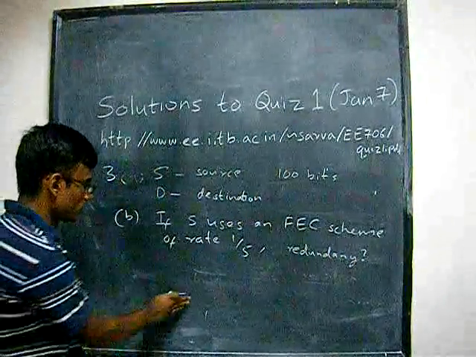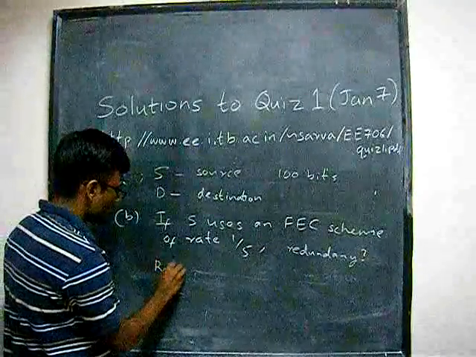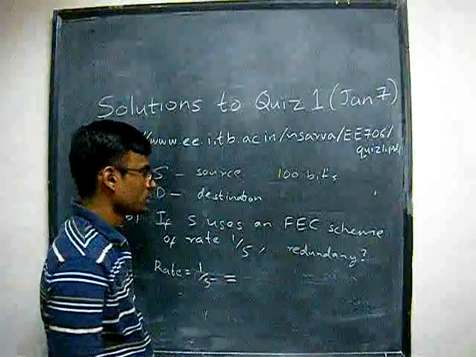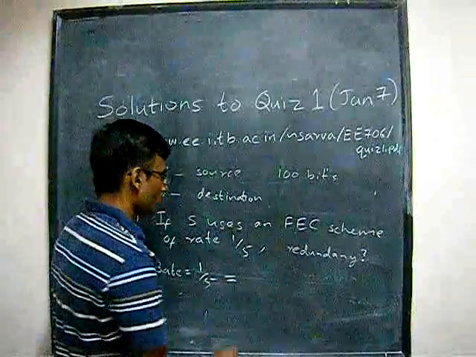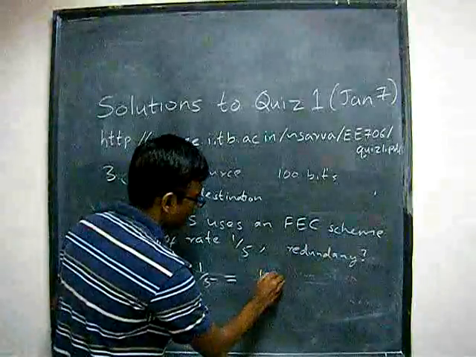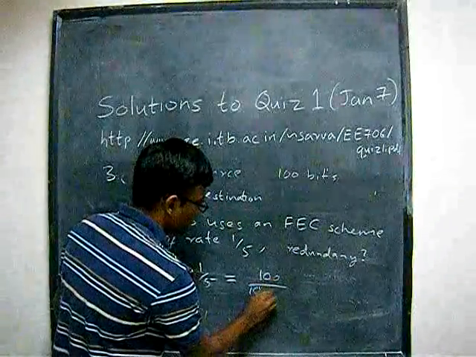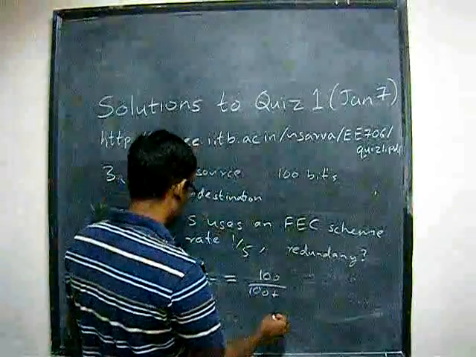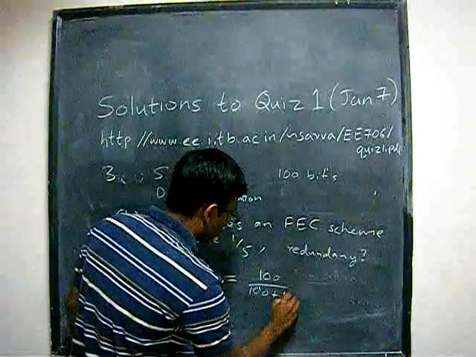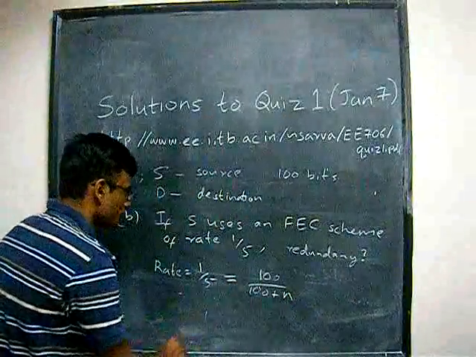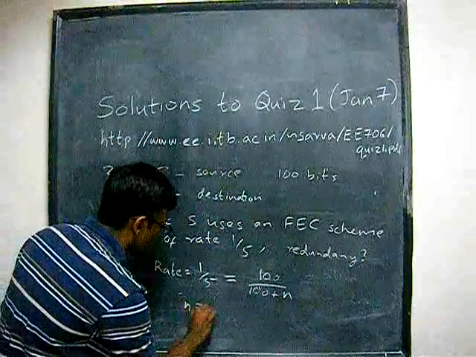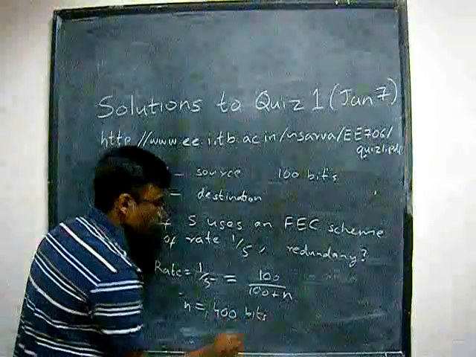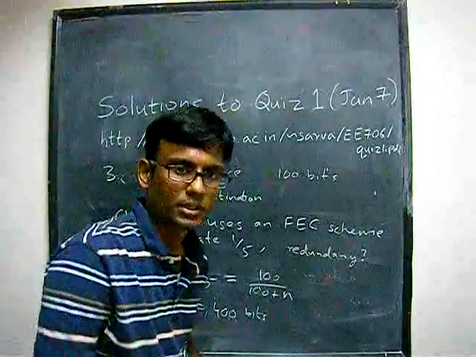Again we use the same formula. So you have rate equals 1/5 equals the length of the information bit string, 100, over 100 plus the redundancy. Let's call it some n. If you solve that equation, then you get n is 400 bits. So it's clear, right?